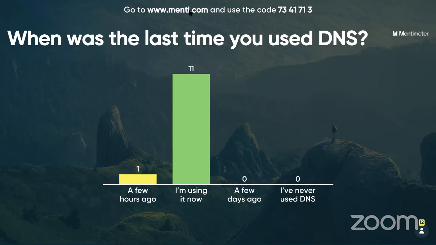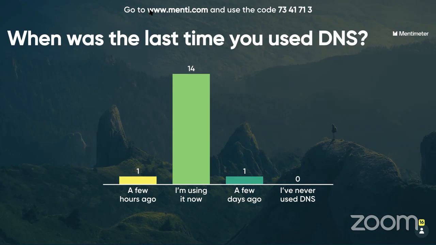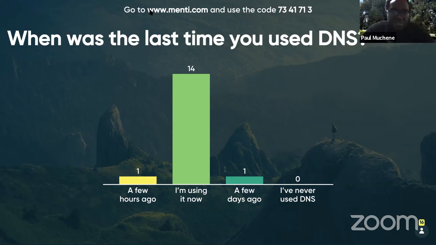So, Paul, as we receive the responses, anything interesting to comment about in this question? Okay, I'll just say that the DNS is ubiquitous, and if it wasn't for the DNS, you would not even be able to access this Zoom webinar right now.